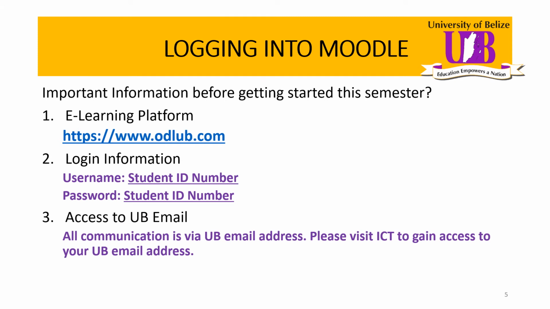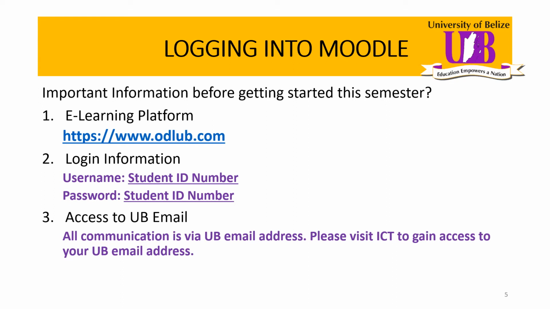We move on to logging into Moodle. In order to access all courses you have registered for, you must log into Moodle. The website for Moodle is odlub.com, www.odlub.com. Your username and the password is your student ID number. Once this is accepted, you will be asked to change your password.